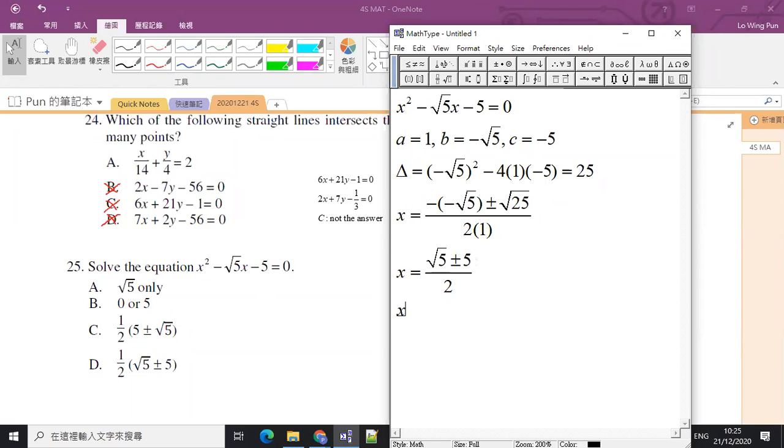Okay, so x, if you just take out the 1 over 2, you'll find the answer. Square root 5 plus or minus 5.